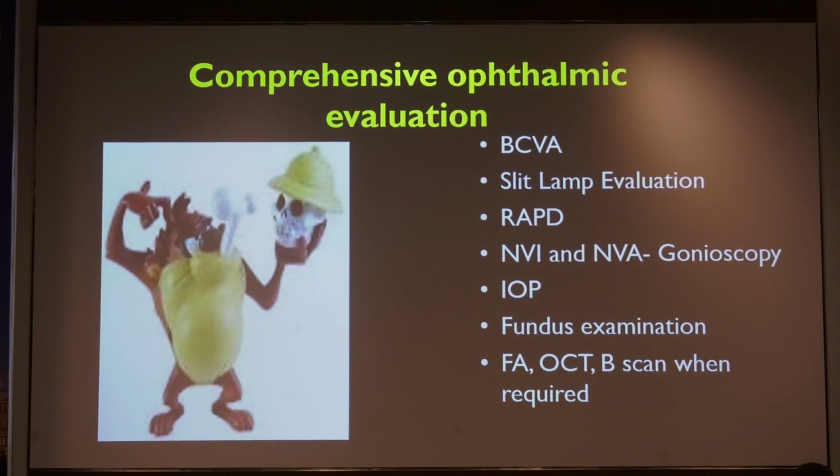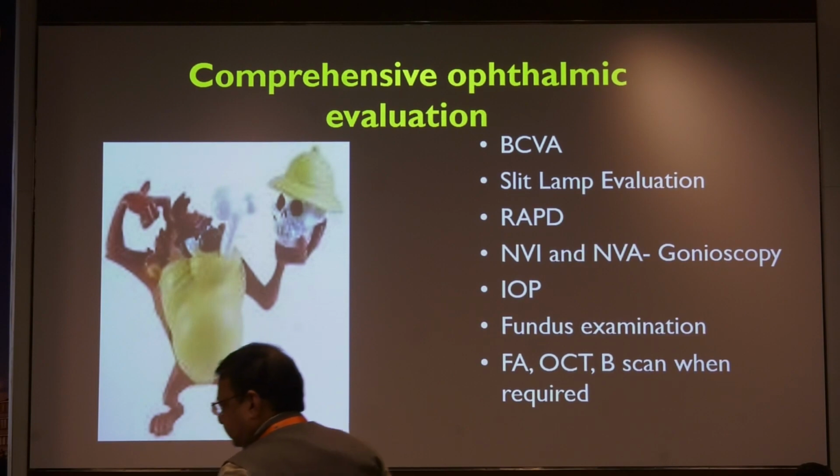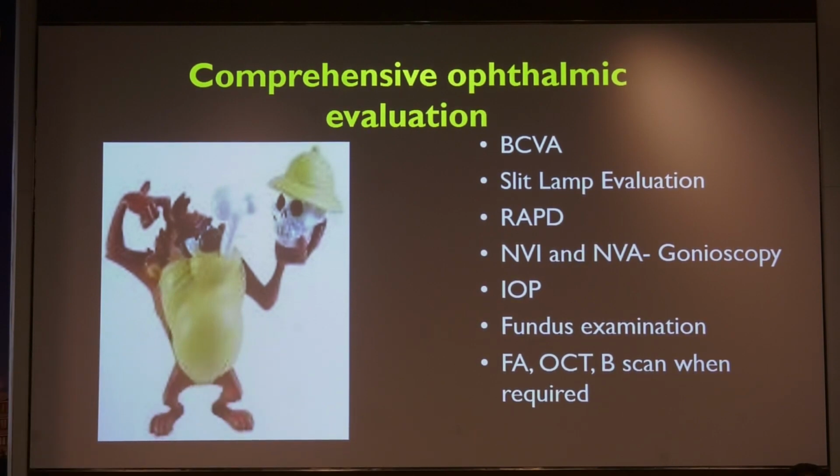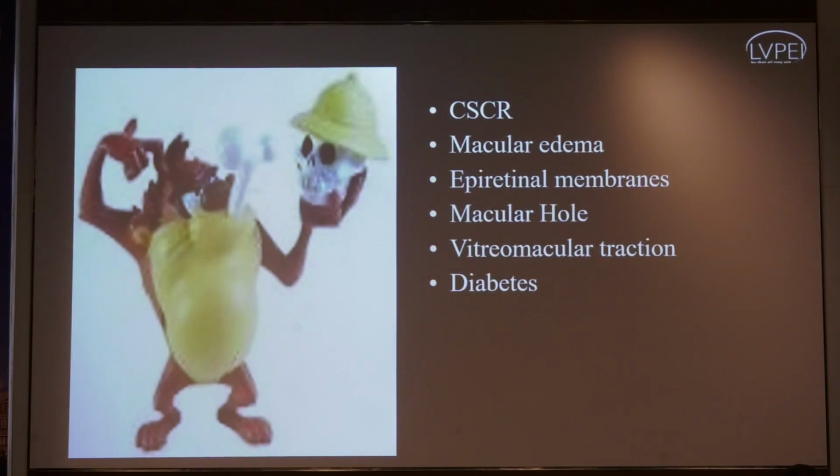If there is any neovascularization of the iris or angles, it makes sense to look at that. IOP, fundus examination. Apart from our clinical skills, sometimes we may need ancillary investigations like an angiogram, OCT, or, where you can't visualize the retina because of a very dense cataract, a B scan if needed.